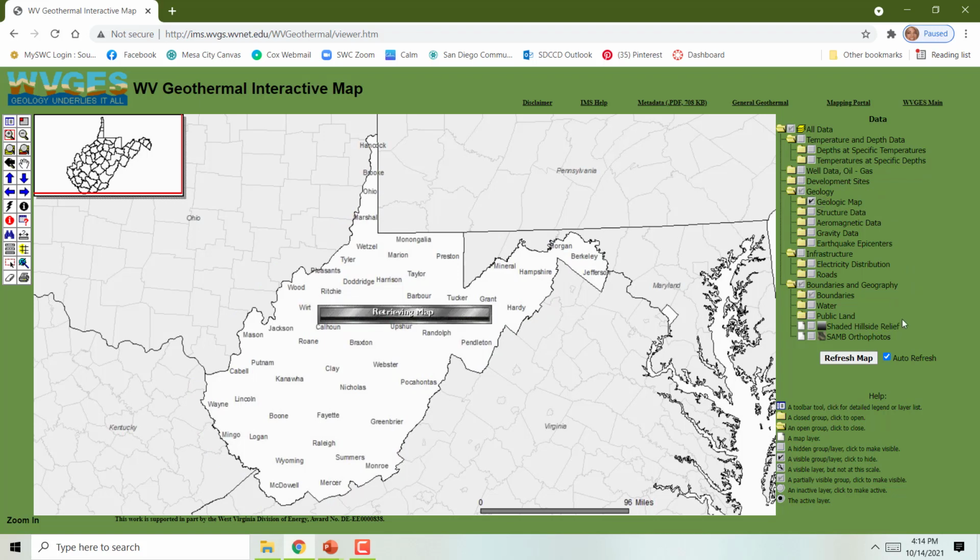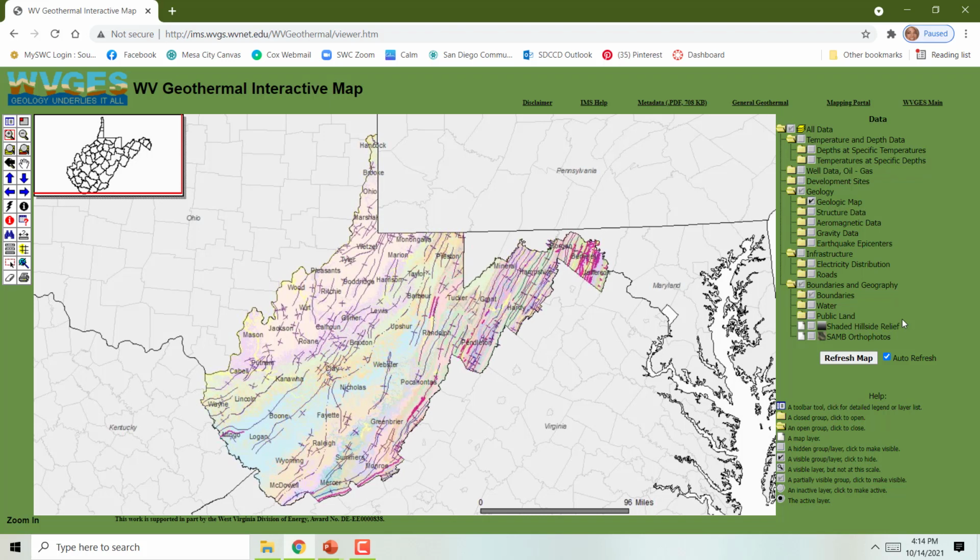examples for us to look at. If we consider the geological map, this is showing you primary soil and rock types around the state of West Virginia, and then the purple lines are representing fault lines.